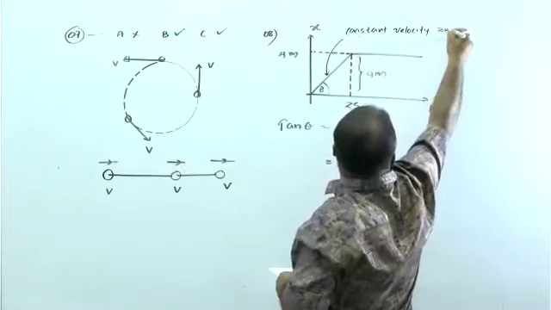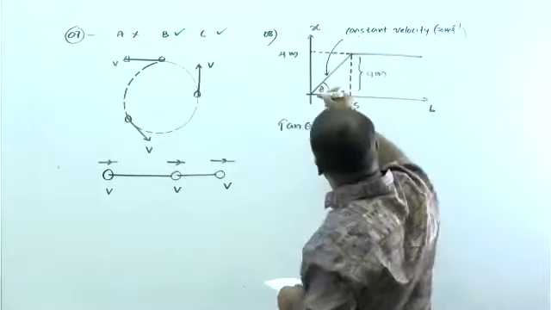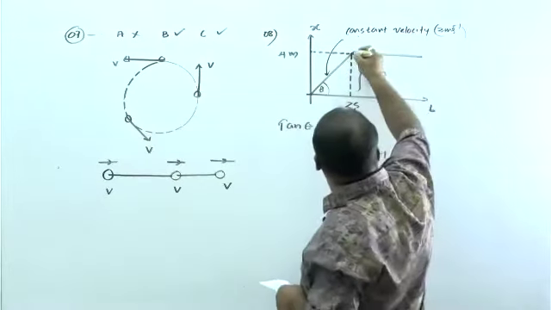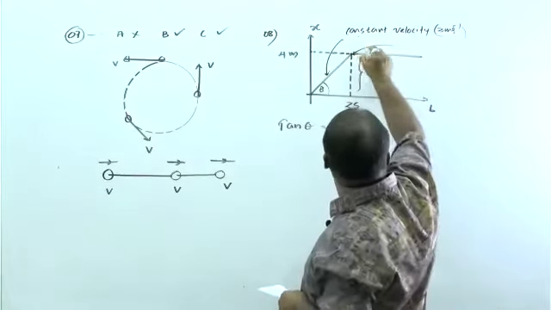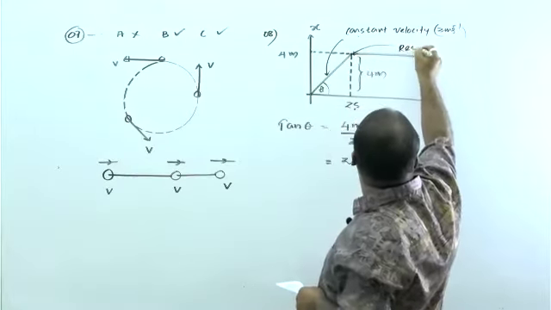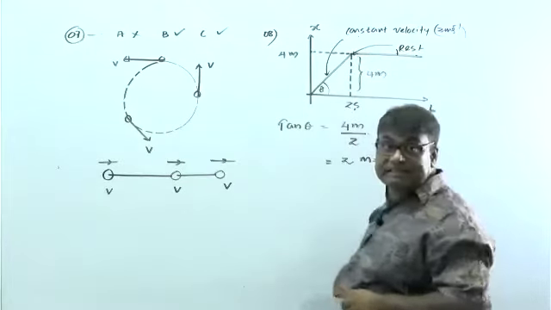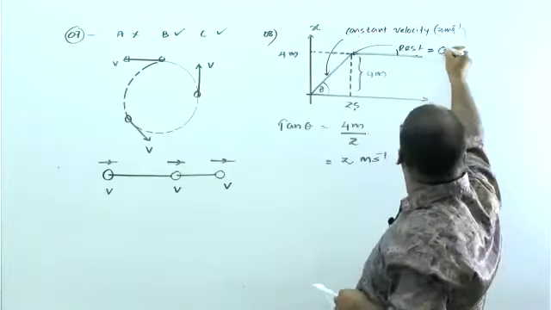The value becomes 2 m s^-1. And after it reaches here, suddenly it comes to rest. This whole line maintains rest, so the velocity is 0.